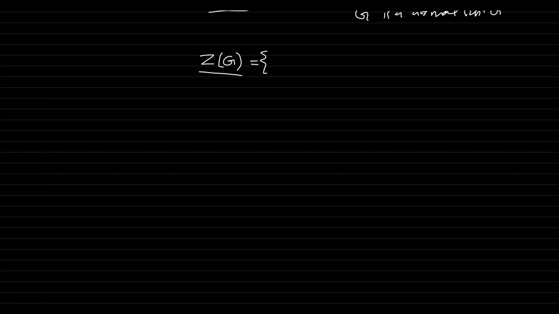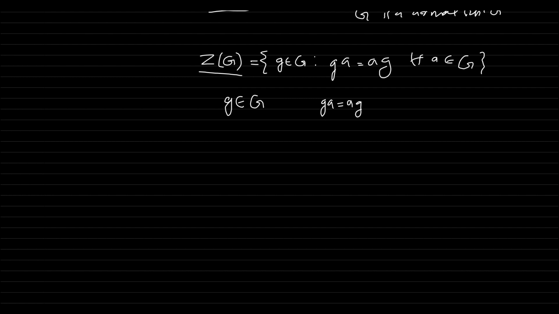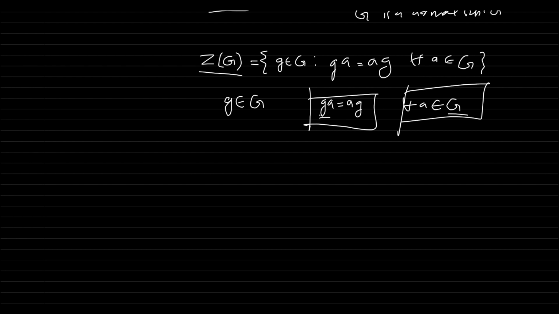The center of a group is the set of all elements g in G such that ga is equal to ag for all a in G. That is, if for some g in G, ga is equal to ag for all a in G, which means g commutes with every element in this group, then g will be in the center of that group.